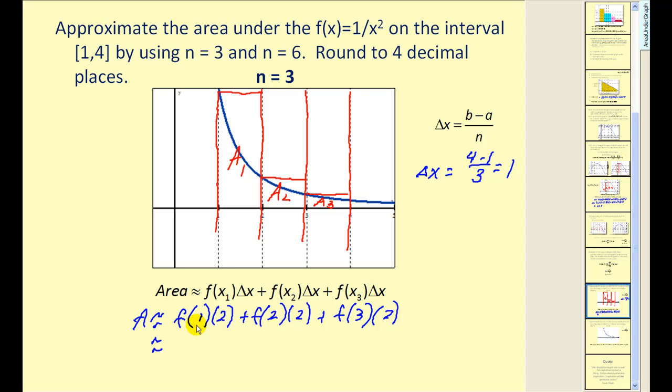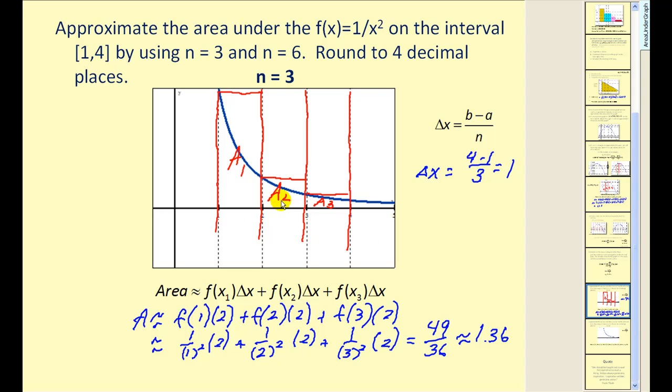So now when you evaluate the function at x equals 1, 2, and 3, that would look like this. To save some time, I've already done this, and it comes out to 49/36, which is approximately equal to 1.36.